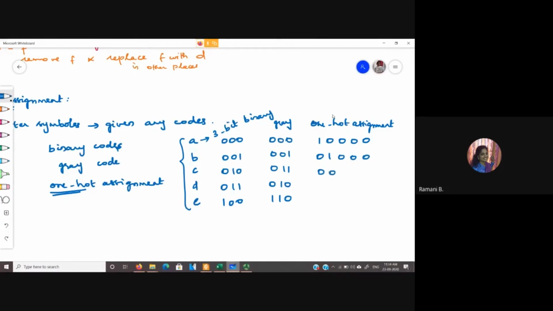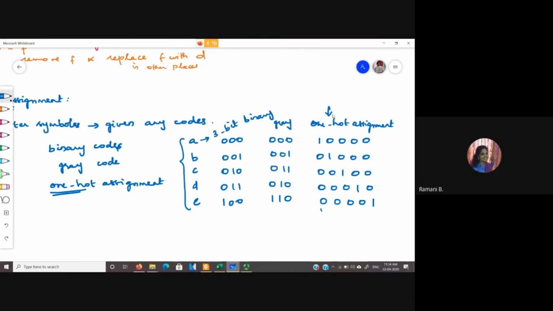Third one, 00100. Fourth one, 00010. And for the last one, 00001. That is, you have only 1 bit value to be 1 with this one-hot assignment. All other values are 0. So that is how we define this.